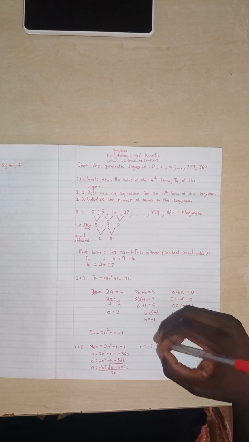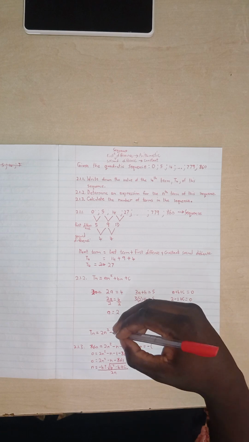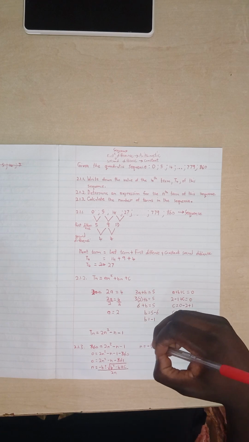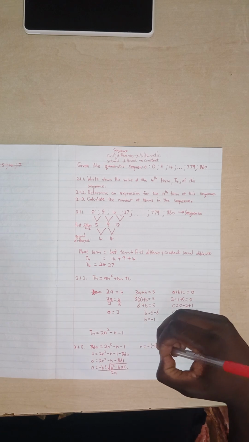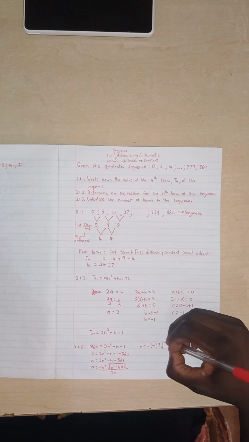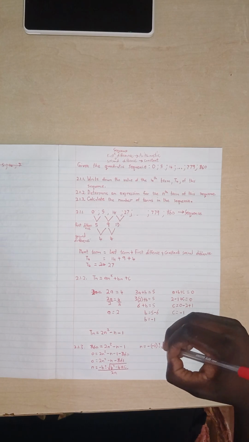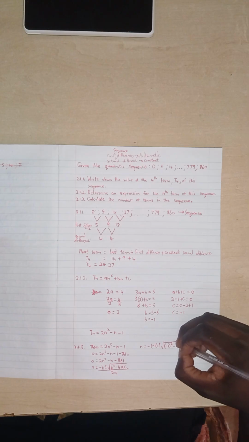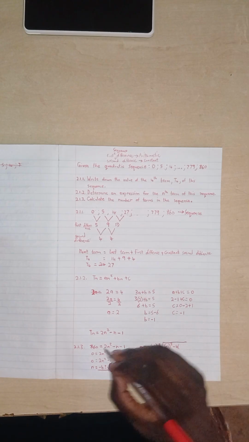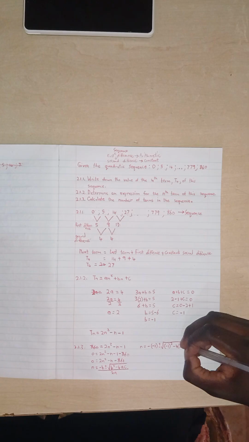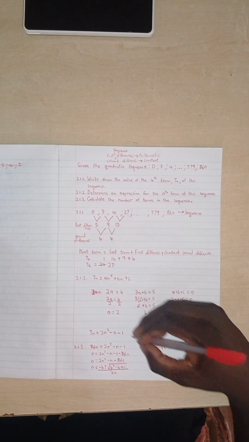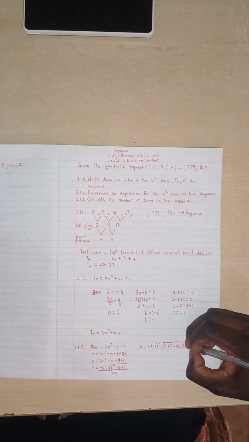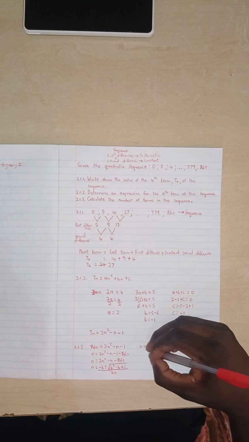So we want our n. n is equal to negative b. What is our b? Our b is negative 1, so negative b is negative 1 plus or minus the root of b squared, which will be negative 1 squared, minus 4. What is our a? Our a is 2. What is our c? Our c is negative 1, right?